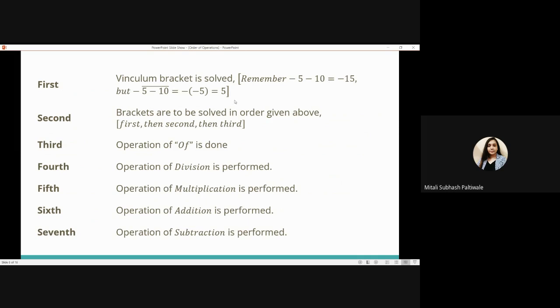But when a vinculum or bar is on the numbers, that is minus 5 minus 10 with a bar over the 10, then this will turn. You'll just subtract, and because the bar was there, you'll always be taking 10 minus 5, so the answer would be 5.